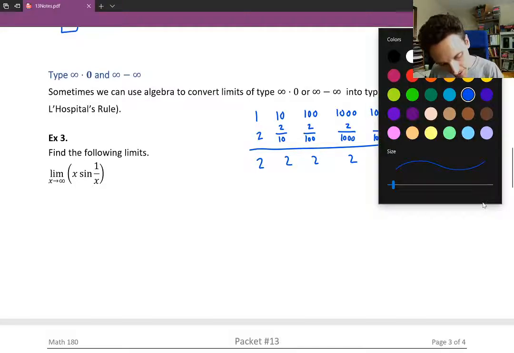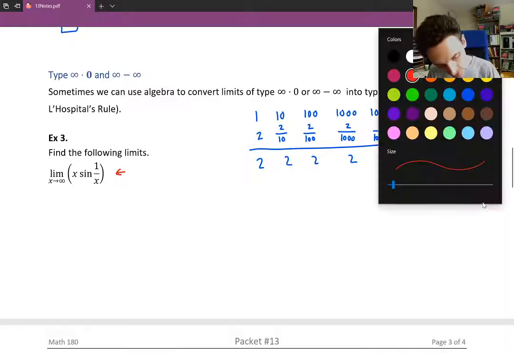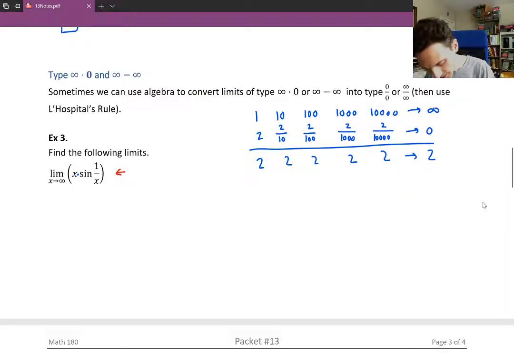So in example 3, we have a limit as x approaches infinity of x times sine 1 over x. And so you'll notice that here we have two factors. We have the x and the sine 1 over x. The x factor is approaching infinity.